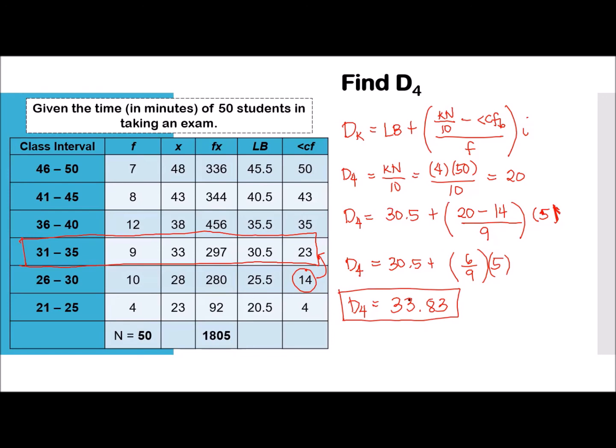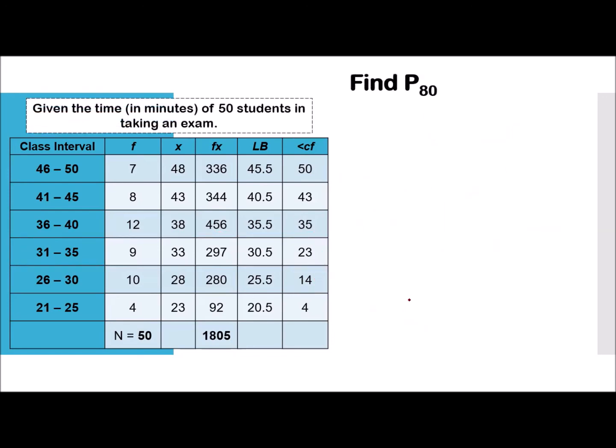Okay? Then, the last one is P sub 80. So, pag sinabi natin P sub 80, we will now have the percentile. So, ganun lang ulit. Yung denominator, mapapalitan lang ng over 100. And then, same process. So, let's have the percentile class of P sub 80. We will have Kn over 100.